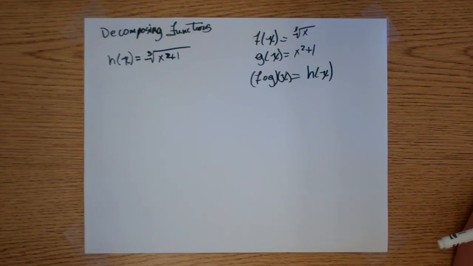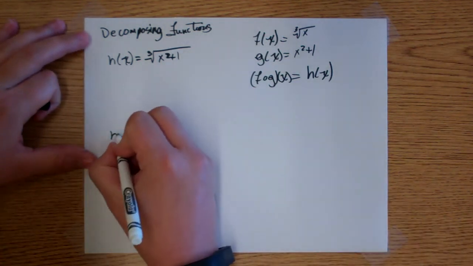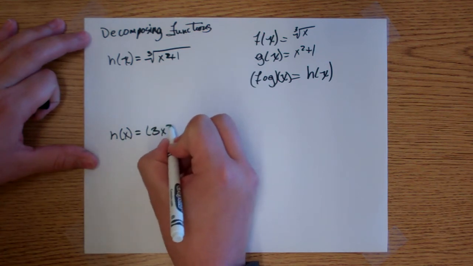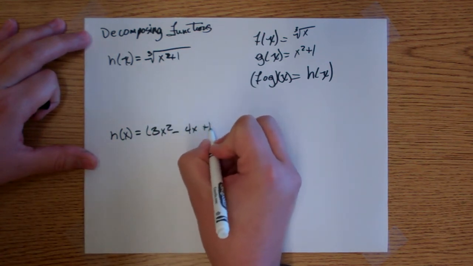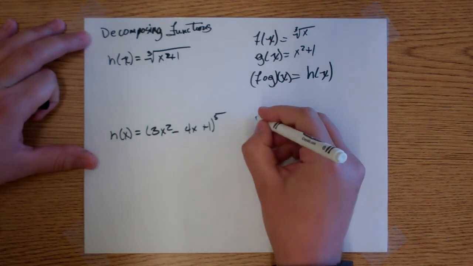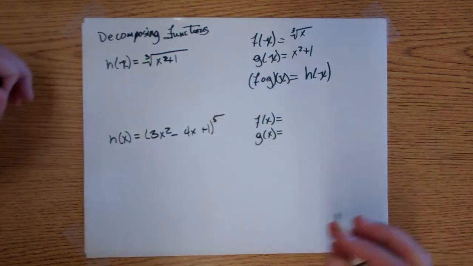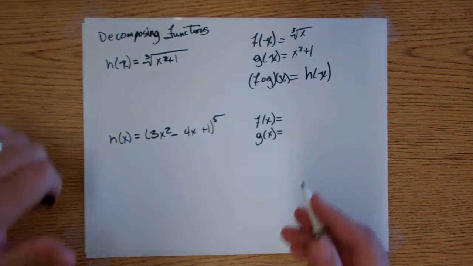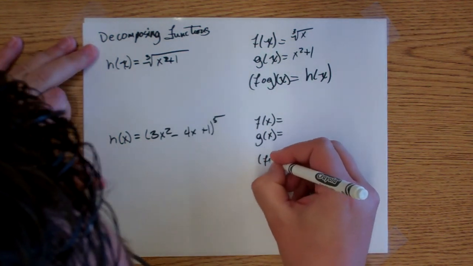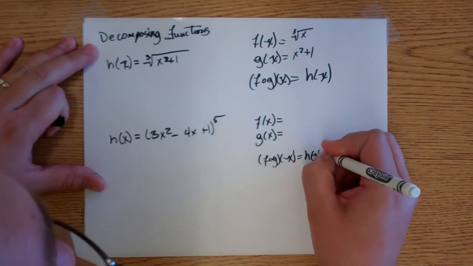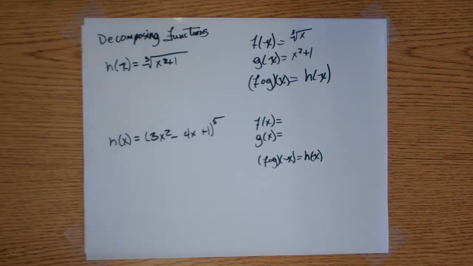Or if we had, say, an h of x which looked like 3x squared minus 4x plus 1, to the 5th, see if you can figure this out. Pause the video. What would be our f of x and our g of x so that f of g of x equaled h of x? Pause it and see if you can figure it out.